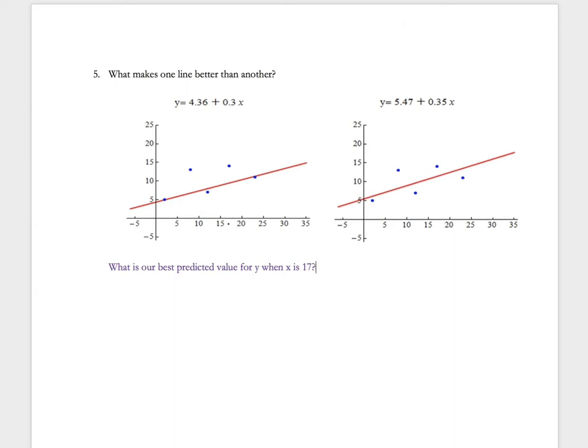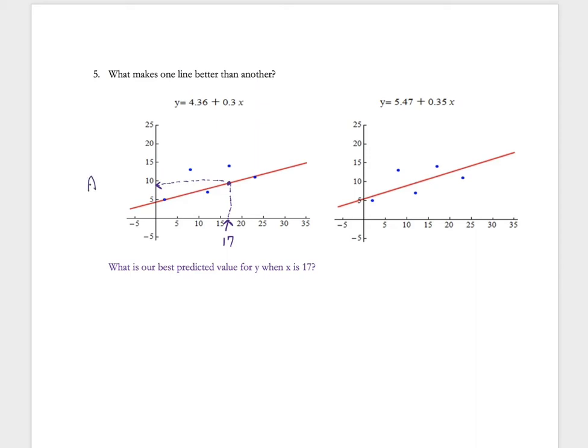An x value of 17 would perhaps be about there. Just from a visual standpoint, using this line to make the prediction means that we would look up to the ordered pair on the line where x is 17, and we would get the y coordinate corresponding to that.